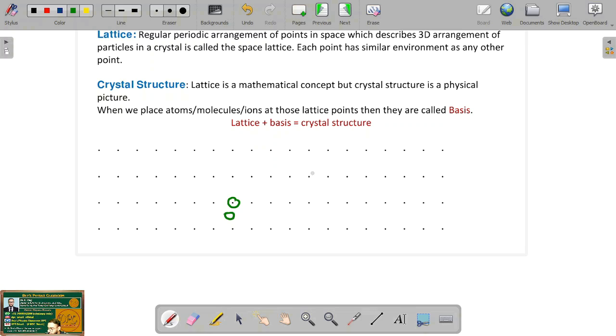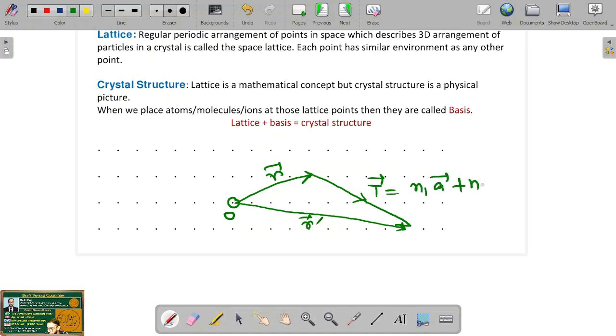The position vector of this point with respect to the origin is r vector, and the position vector of another point is r prime vector, such that r prime vector equals r vector plus translational operator t vector, which equals n1a vector plus n2b vector plus n3c vector.